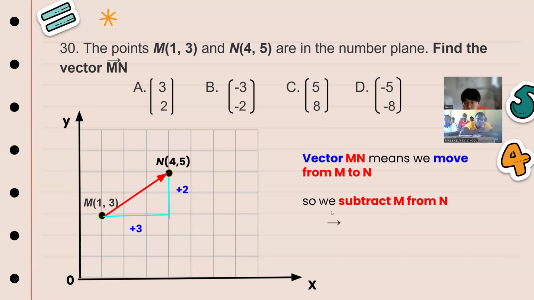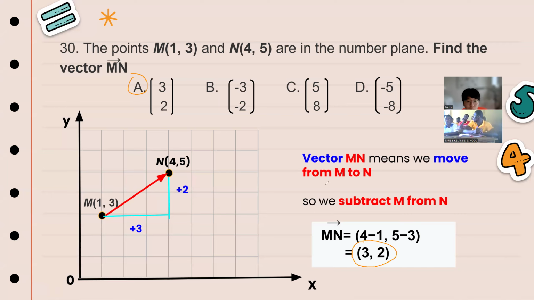So if we subtract M from N, what do we get? Yeah, that's right. The answer here is A. It's (3, 2). You can write this in this form here as well.